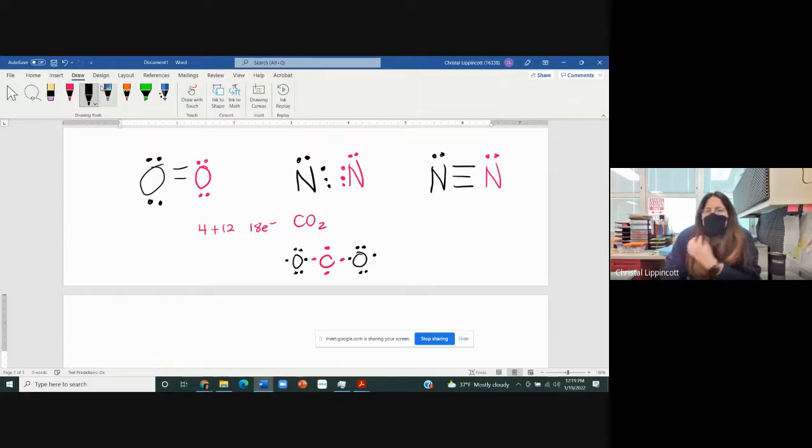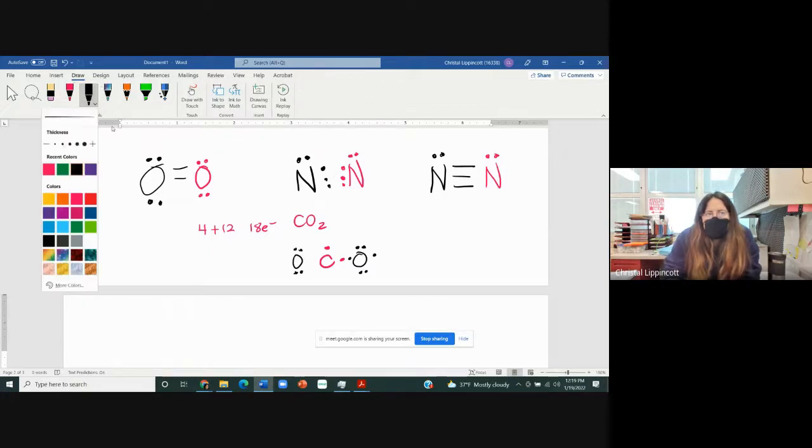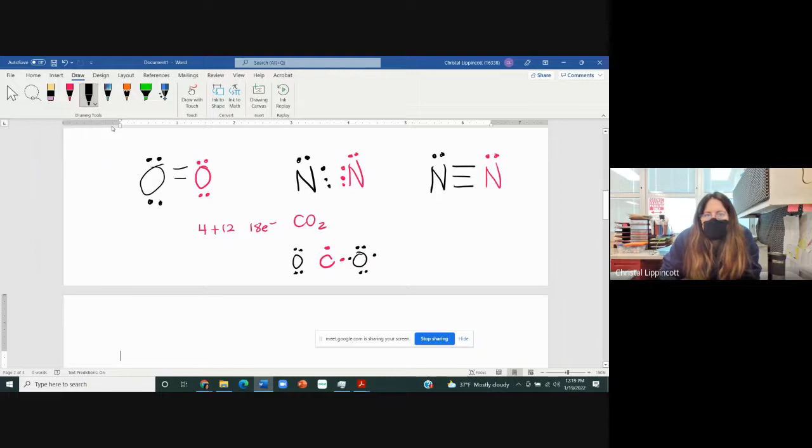All right. So at this point, my carbon has 6 electrons around it, and each of my oxygens have 7. That will not work. So I've got to move some stuff around. I'm going to move this electron and this electron into the center here, and I'm going to represent all of that with a solid line.